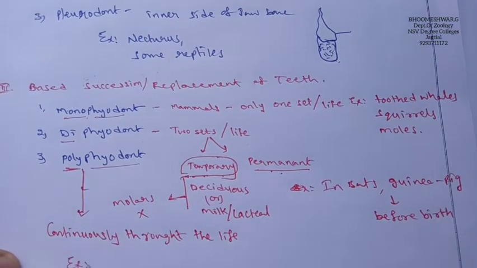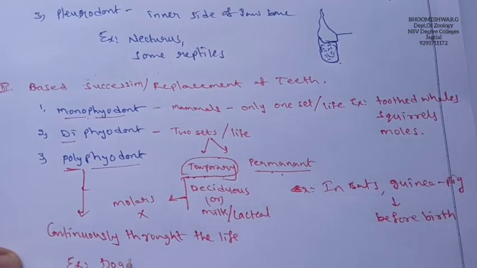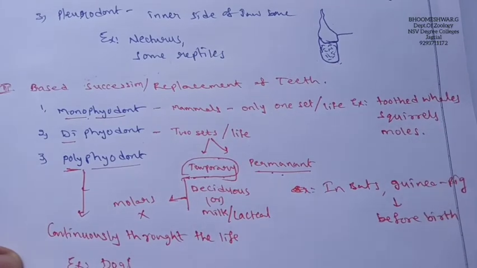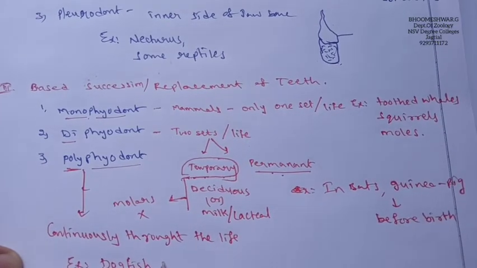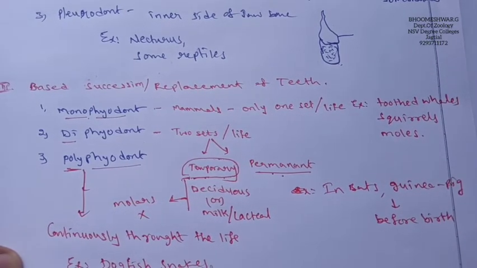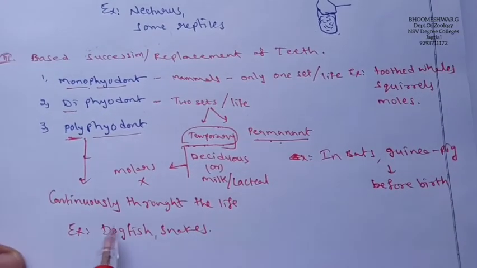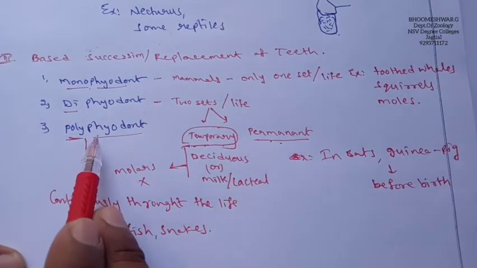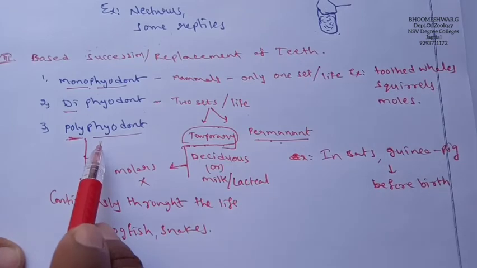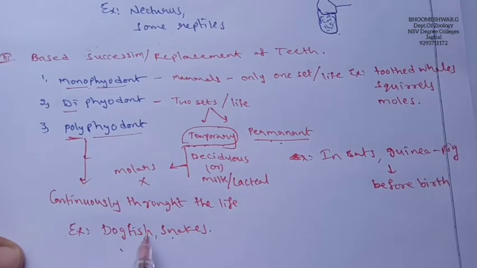Examples are lower vertebrates, a well-suited example being the dogfish, and some snakes. So these are the different individuals having the polyphyodont condition.